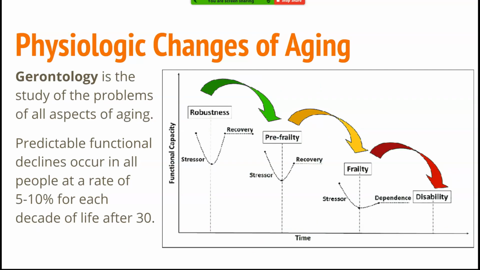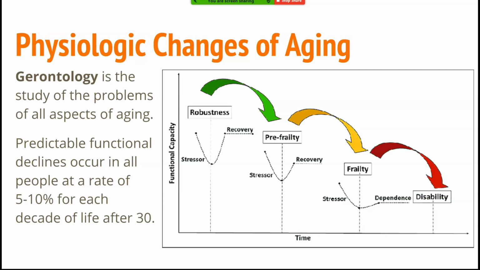So gerontology is the study of problems related to aging. Most of the time, changes in functionality occur due to various stressors, right? So you might be feeling fantastic, in good shape, playing golf 3 times a week, and then you trip and fall on the golf course and break your foot, right?